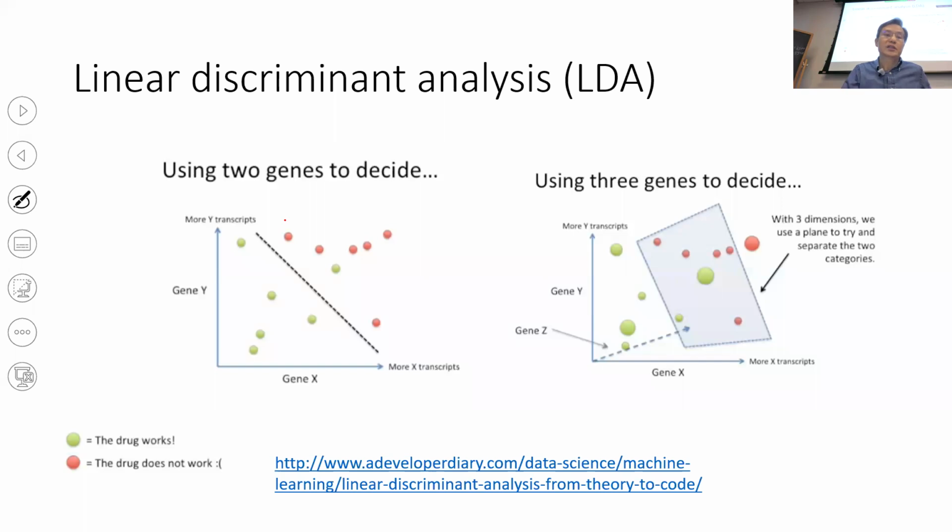In 2 dimensions, you want to find a projection, which is just a line onto which you project your data, so that the data can be separated. The red and the green can be separable. Of course, in this example, it's not a good projection.